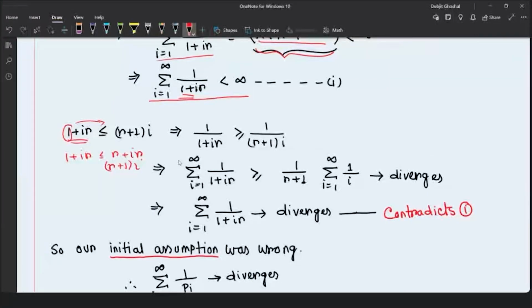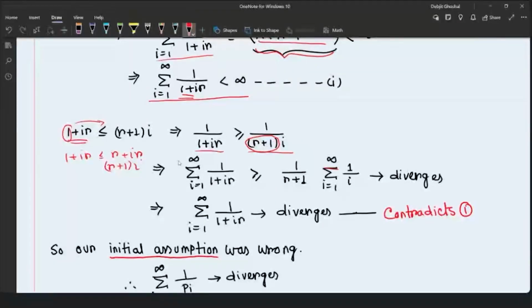Now, if I take the summation, if I consider the series of these two terms, then summation i equals 1 to infinity of 1/(1+iR) is greater than or equal to, see, this R plus 1 term is constant, so you can remove it from inside this summation. So this becomes 1/(R+1) times summation i equals 1 to infinity of 1/i.